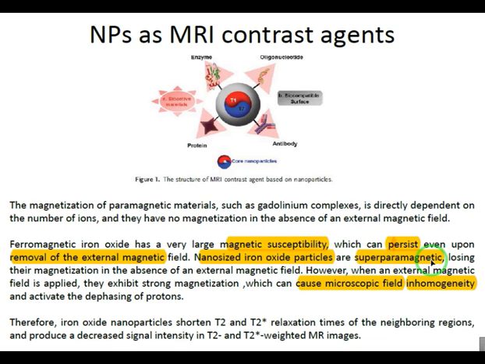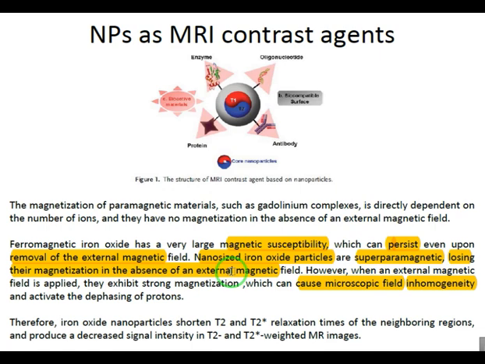It means that if we apply a magnetic field and remove it, they will lose their magnetization when the external magnetic field is absent. So we can locally introduce the magnetic nanoparticles in the tissues to improve the quality of our images that we get with the magnetic resonance technique.